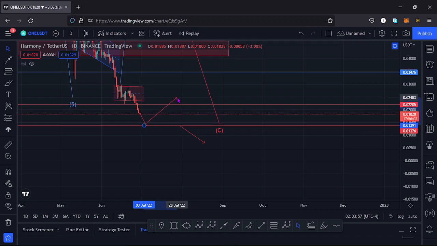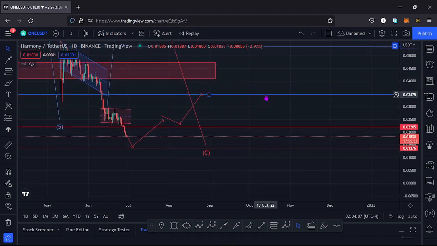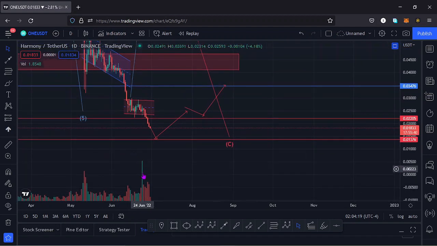And once we manage to break above it and have a successful retest of that area, we can then continue pushing the market to the upper side, and that would take us to the next area of resistance at around the $0.03 mark. And for all that to happen, I also expect to see higher volumes in the market.